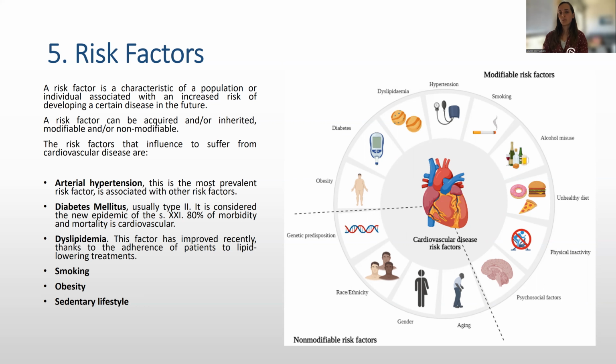In this picture, you can see that we have a lot of modifiable factors and non-modifiable factors like genetics, race, gender, and aging. But these risk factors can influence the chance of suffering cardiovascular disease, such as arterial hypertension, diabetes mellitus, dyslipidemia, smoking, obesity, and sedentary lifestyle.